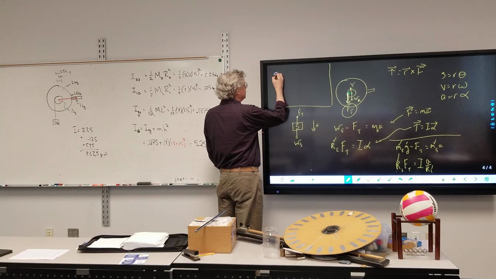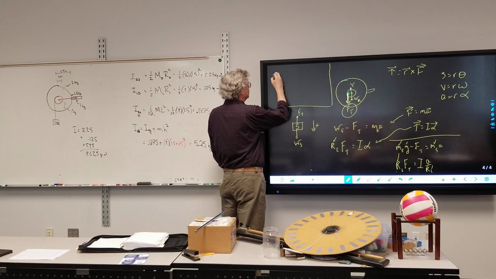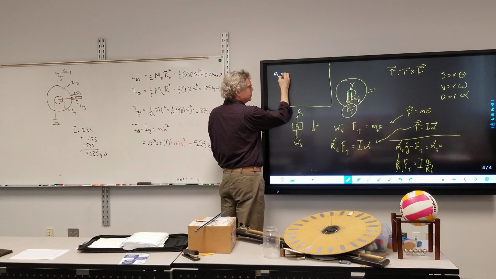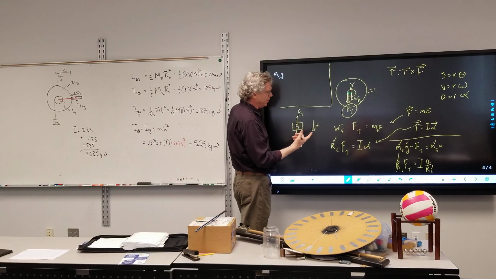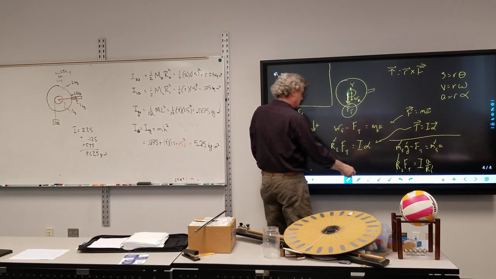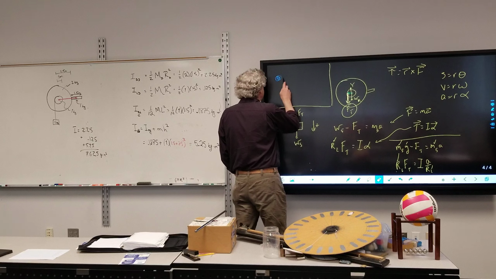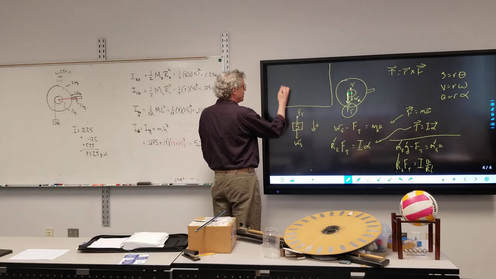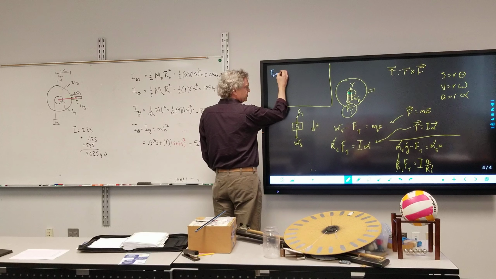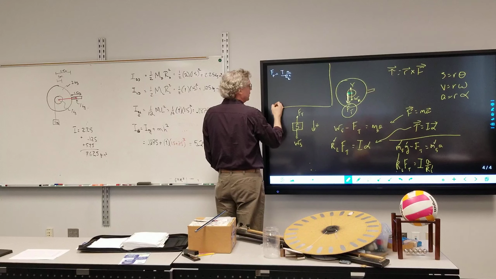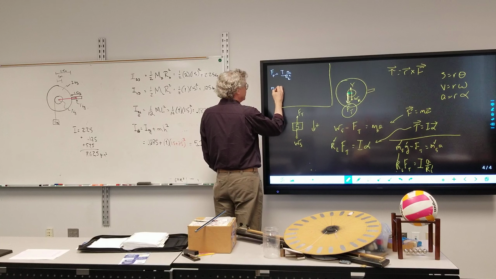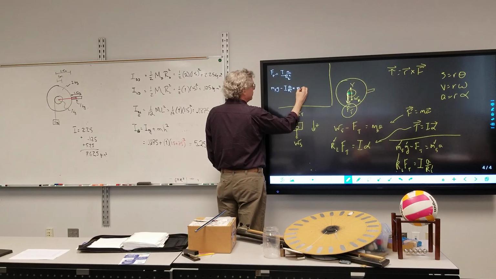So let's not plug numbers in yet. We're cooler than that. Basically I need to solve for tension and then plug in. So for that second equation, I know that the tension is equal to I a over R_L squared. Plug that into the first one. I have m5 g minus I a over R_L squared equals m5 a.